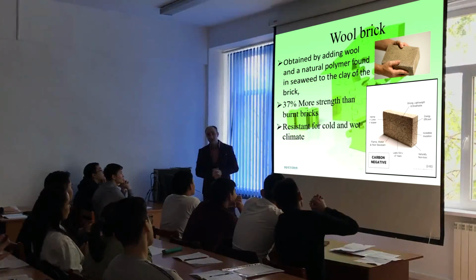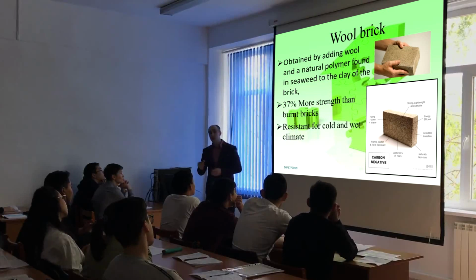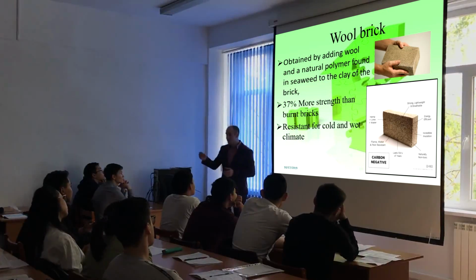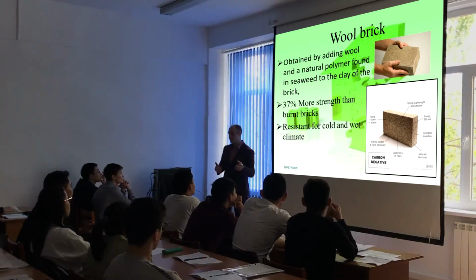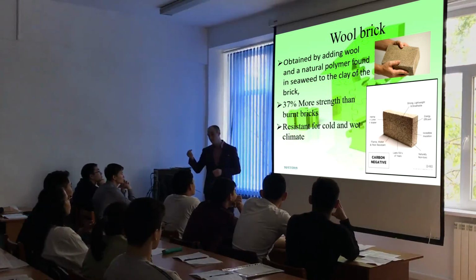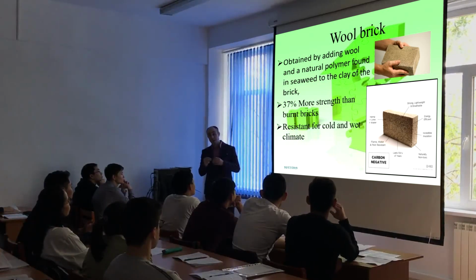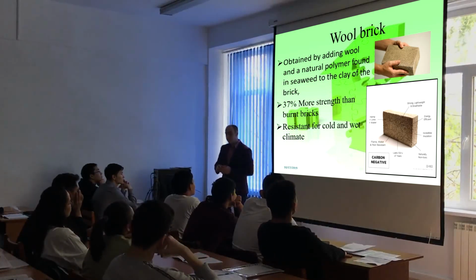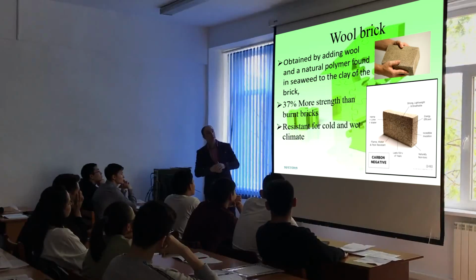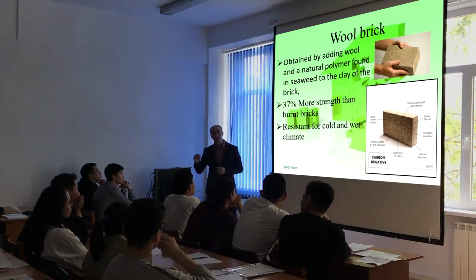Wool bricks. In traditional methods, we all know how we produce bricks. But at the same time, there are other ways of producing bricks by using, for example, wool. It's a natural polymer material, yes? When it is added to the clay, which is the main component of the brick, it can really increase the strength of this material by more than 30%.